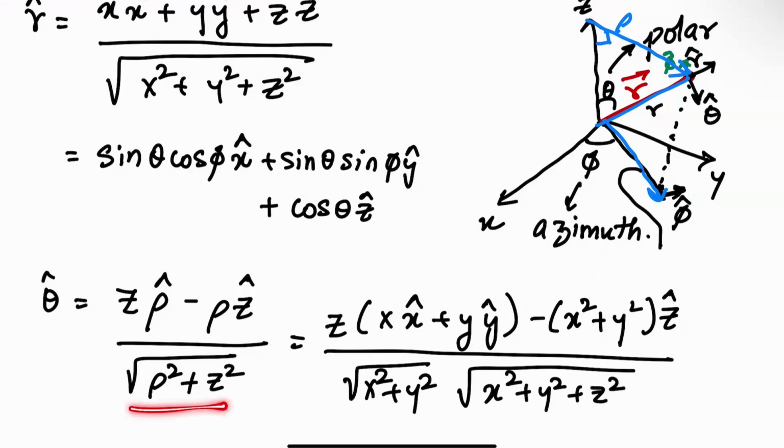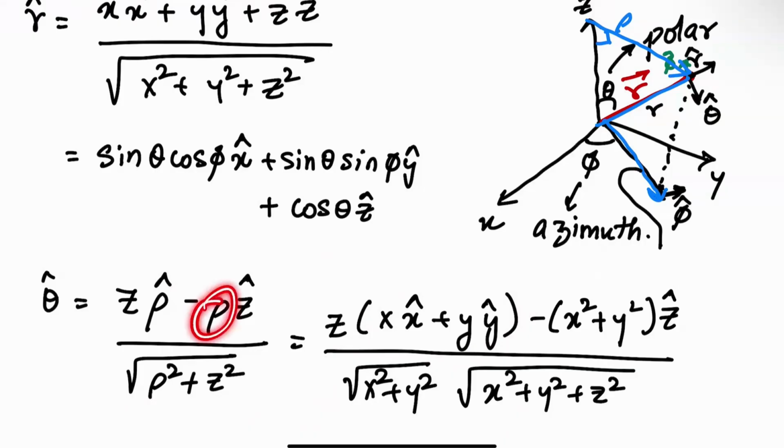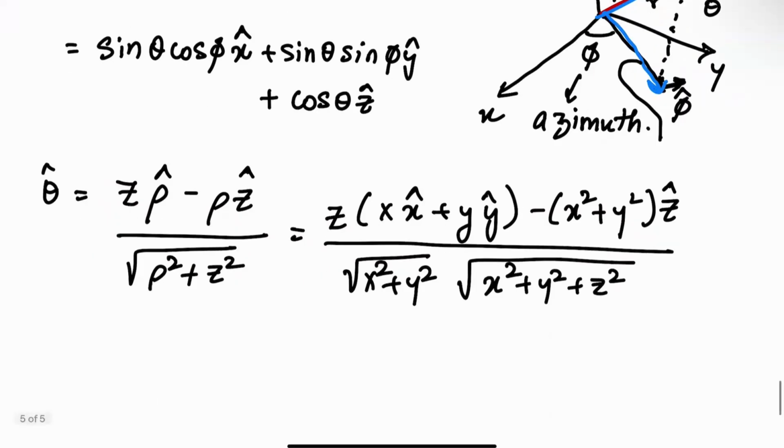Right, so this denominator term basically became that. When you write rho hat, you will get x hat plus y hat divided by square root of x squared plus y squared. So that's where this came from. And then this square root of x squared plus y squared is multiplied with the square root of x squared plus y squared here to give you this term. And the z comes from here, right? So it's just basic algebra, basically, once you make the substitutions.